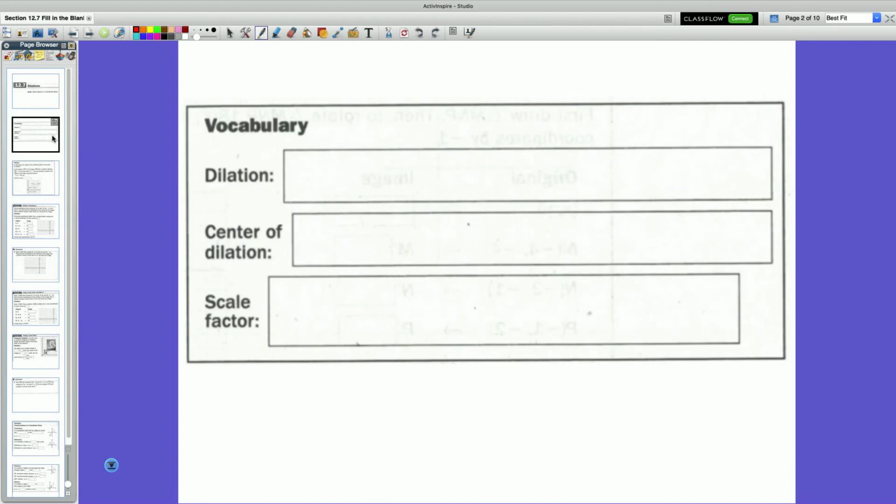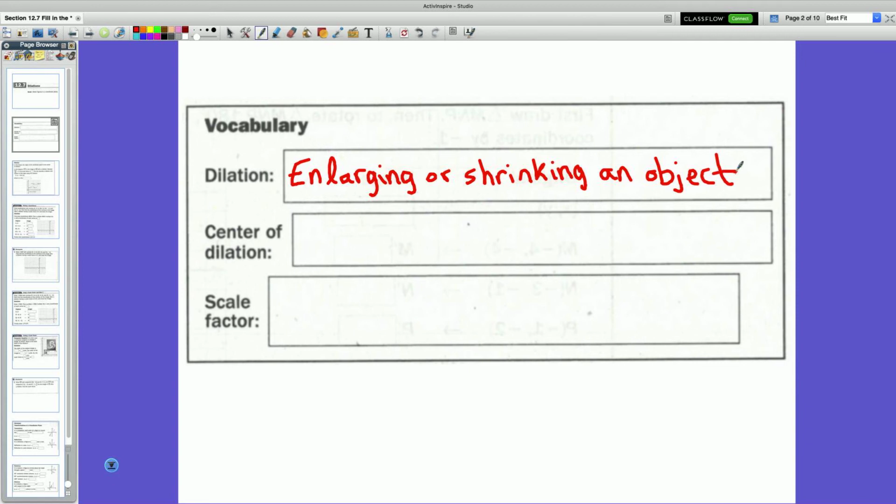What is a dilation? A dilation is enlarging or shrinking an object using a scale factor. Now, because I use scale factor, I'm going to define that next.